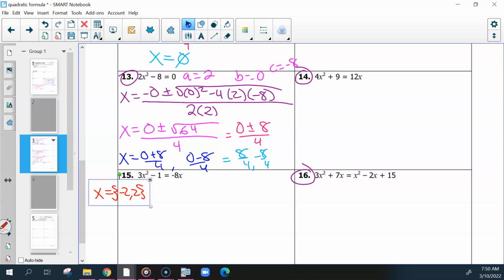So the process is the same even if you're missing terms. If you were missing a C, if you were missing a B, anything, you would just put in a 0. For 14, we would need to move the 12x over before we could start this. So do that, subtract it over so that it's with everything else.